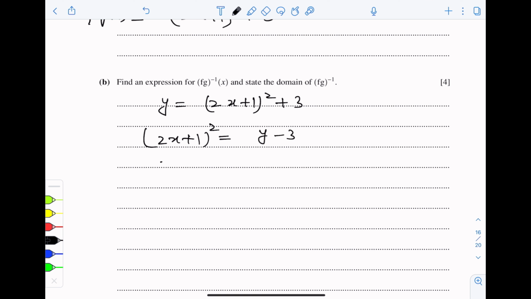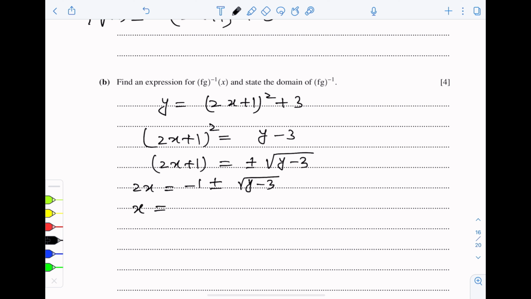Taking square root each side, 2x + 1 is equal to plus minus square root of y - 3. 2x will be -1 plus minus square root of y - 3.